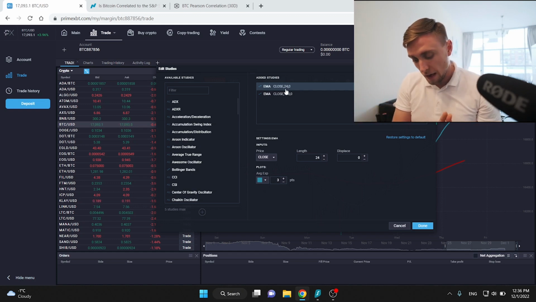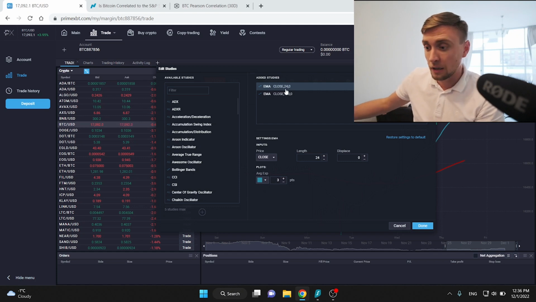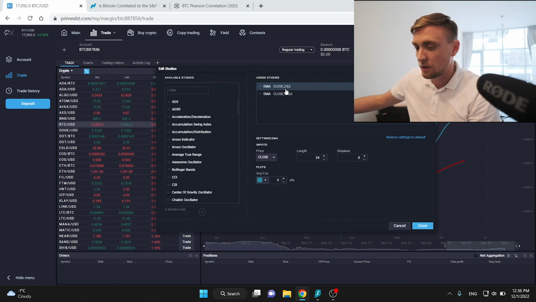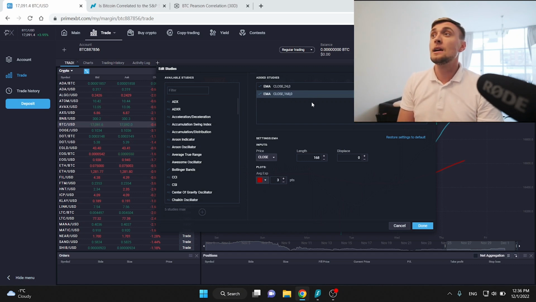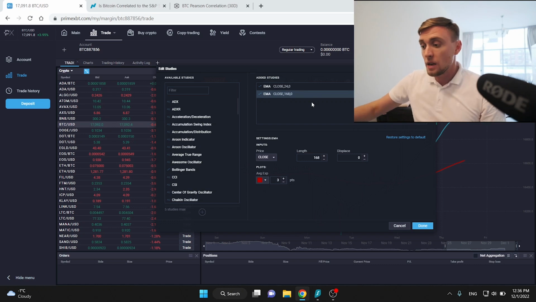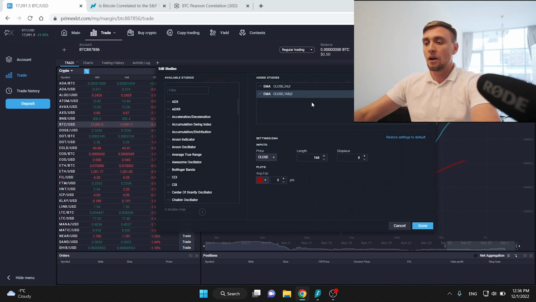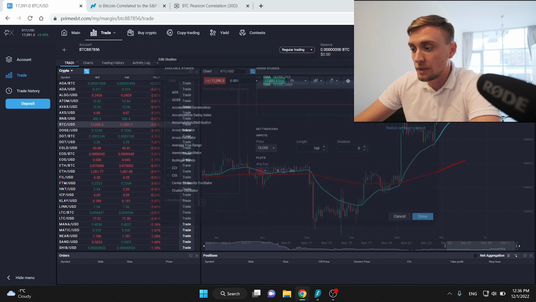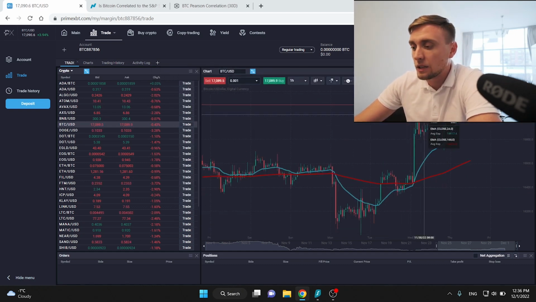As we are using the H1 time frame, the market moves 24 hours per day, so it is the average price for 24 candles. And the second one is 168, which is a 1 week average price. So when the faster 24 moving average is crossing the 168, you see, like that, we can see the trend going up.